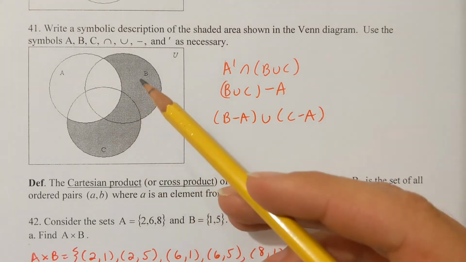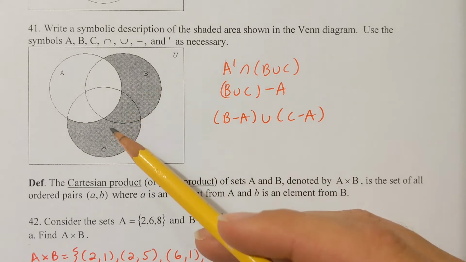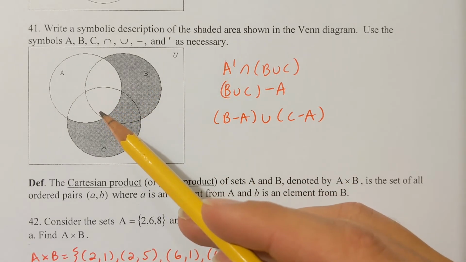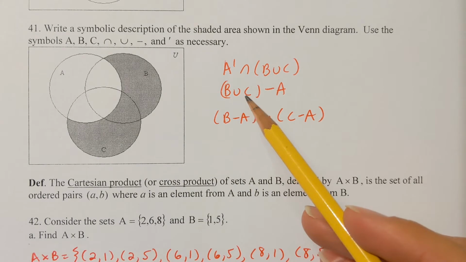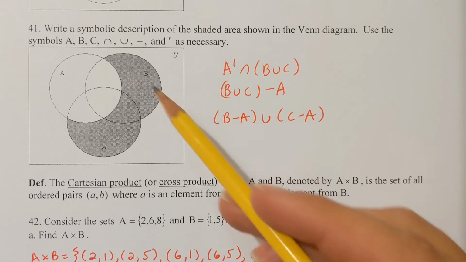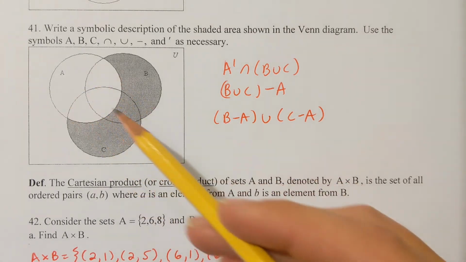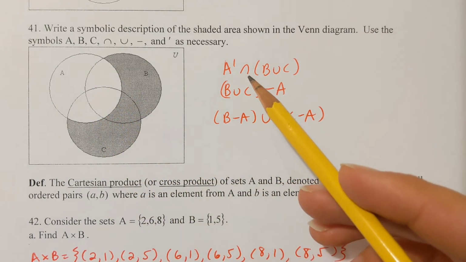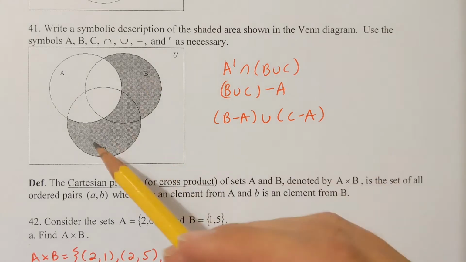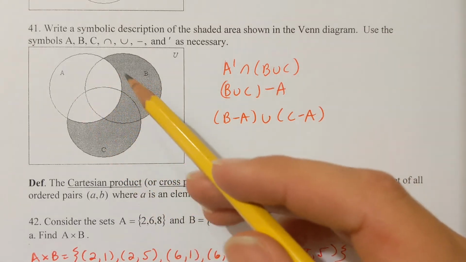Okay, so we're talking about everything in B or C, but not in A. Okay, well that'd be B union C, but not in A. Okay, so I'm getting rid of A. Okay, B union C and not in A.